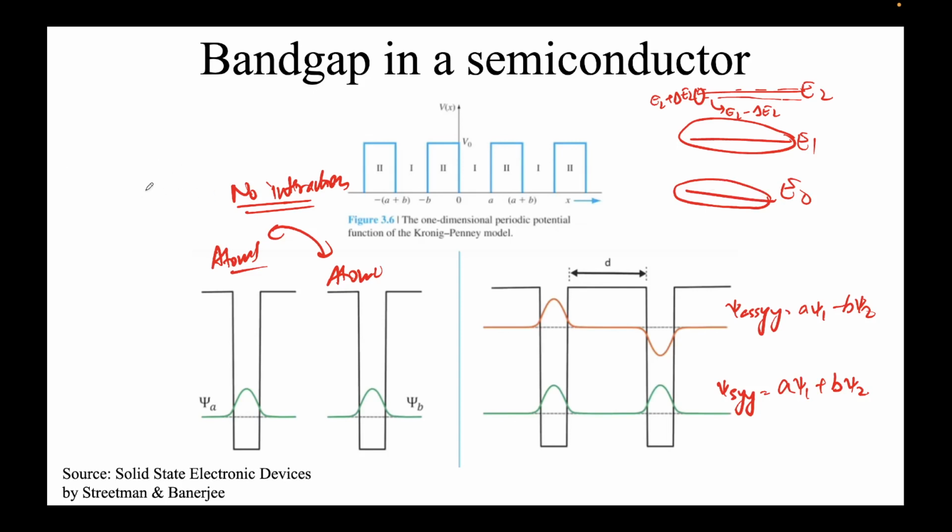Let me draw this again. So this is E0, E1, E2. What's going to happen is that it will look like this.